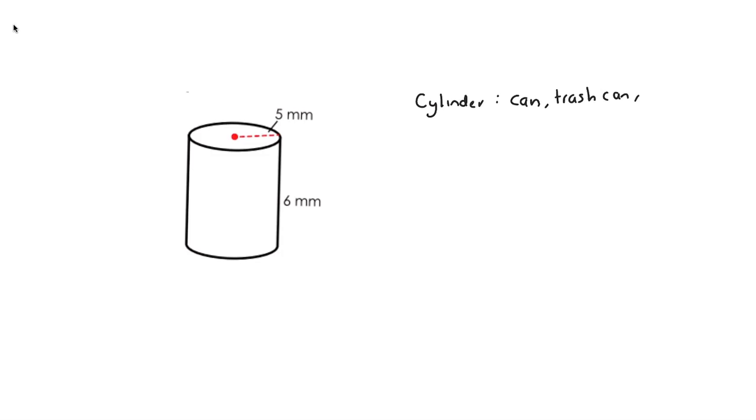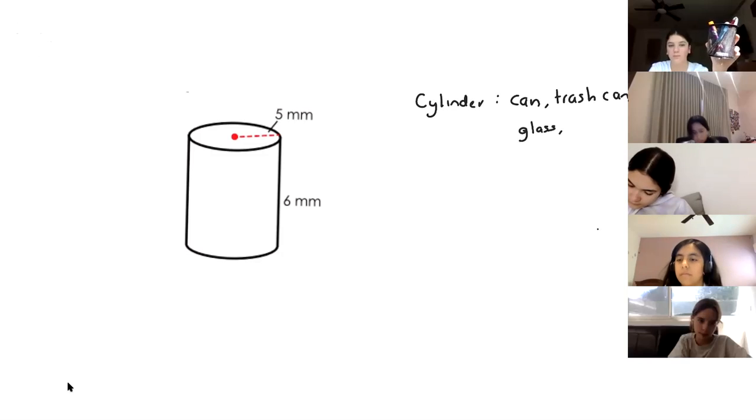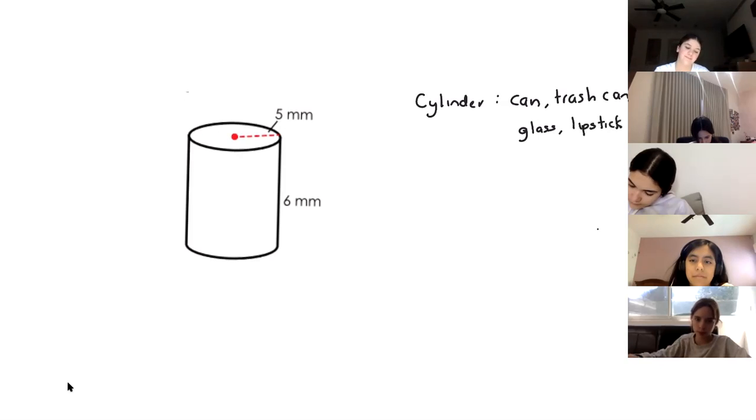And also this thing that I have, I don't know how to name it. It's to put your pens or stuff like that. Oh, okay. Your pen container. What about lipstick? Don't you love lipstick? Yeah. I've got a lipstick that looks like that.